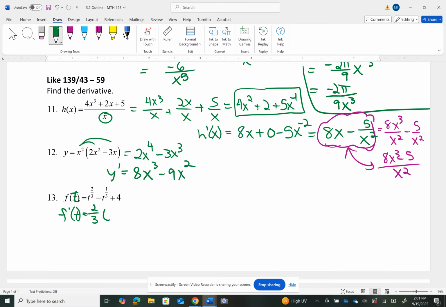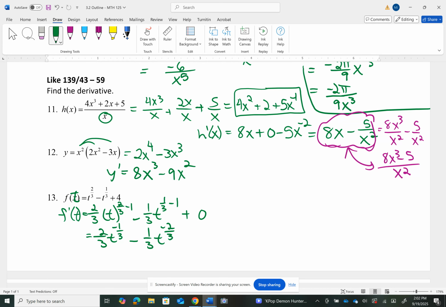All right, then it would be 2/3 t to the 2/3 minus 1 minus 1/3 t to the 1/3 minus 1 plus the derivative of the constant, which would be 0. So here what I have is a 2/3 t to the negative 1/3 minus 1/3 t to the negative 2/3.